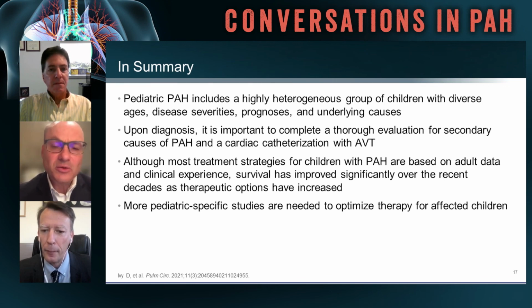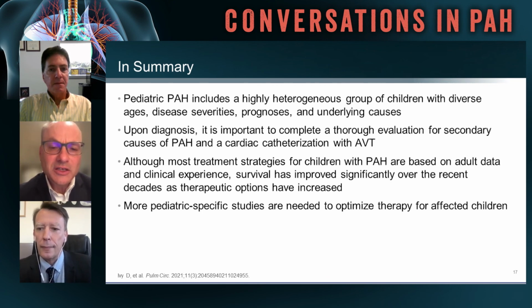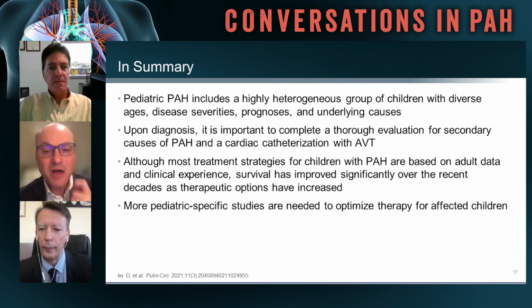Most of the studies are based upon adult data, but we are having smaller trials that give us an idea of dosing and safety with some evidence of efficacy, and the trend for these trials is similar to that for adults, but obviously we need to keep performing studies to try to maximize therapy and hopefully get more drugs labeled for children. That was a wonderful discussion.